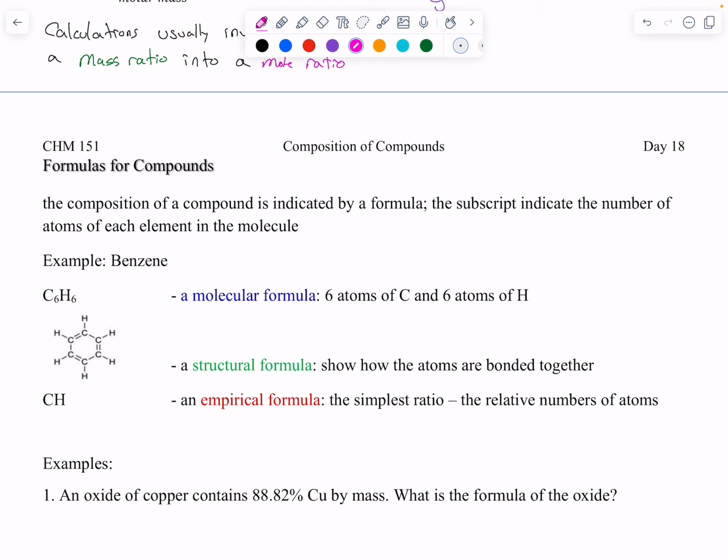And the empirical formula is the simplest ratio. And all ionic compounds are expressed as empirical formulas.